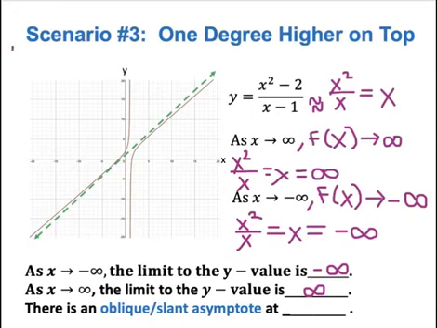You take that 0, 1, and you divide it into x squared minus 2. So let me just do a side note up here. x squared minus 2 equals x squared plus 0x minus 2.